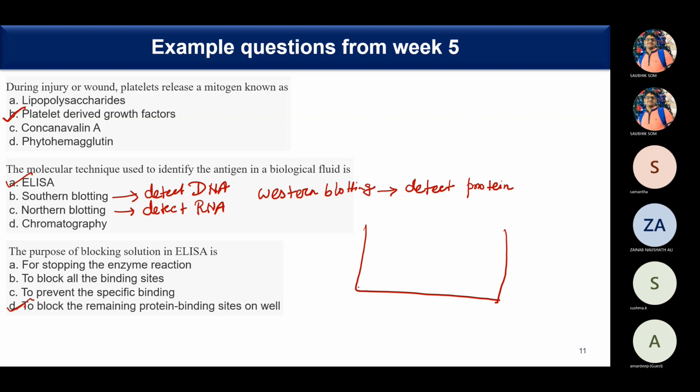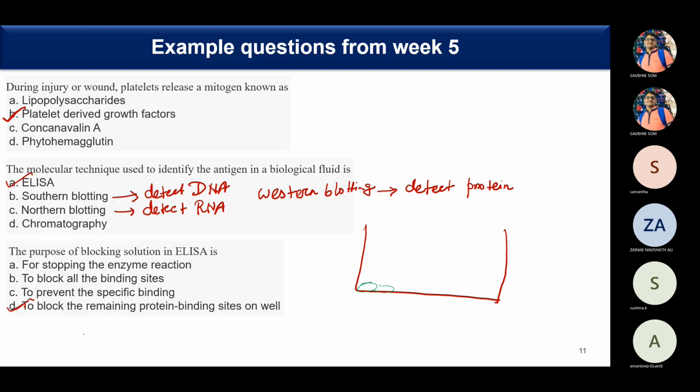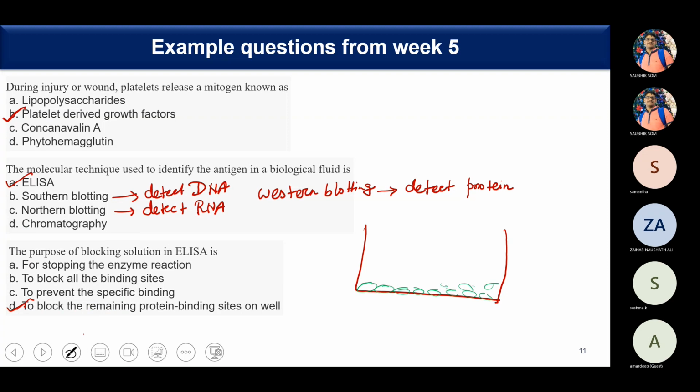If we have many binding sites here, now there could be specific binding and there could be non-specific binding, correct? Now specific binding should have a very strong affinity. So what the blocking solution does is it blocks all the sites literally.